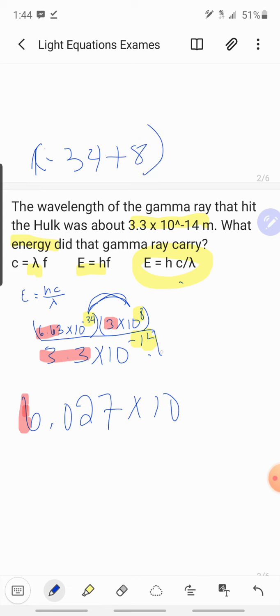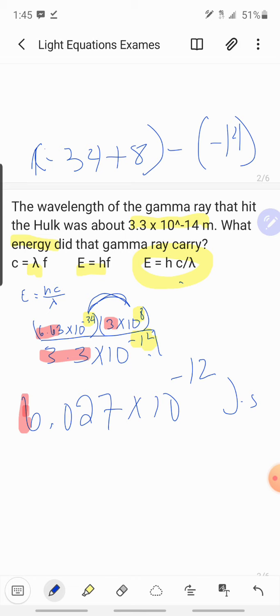However, because the 14 is on the bottom, we're going to have to subtract off 14 from that. So when we do minus 34 plus 8 minus 14, we get negative 12 exactly. So I'm going to put negative 12 right there. So our energy that we calculated is 6.02 times 10 to the minus 12, probably joules.